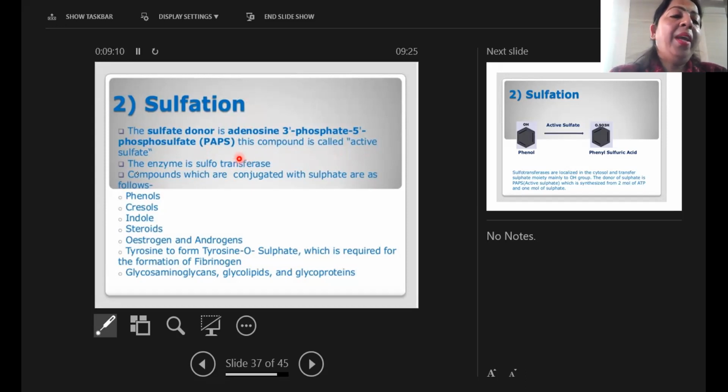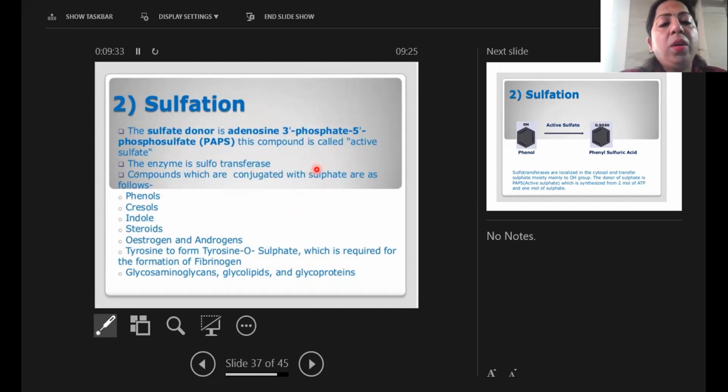In this form, it can donate the sulfate to any molecule in the course of various biochemical reactions. So the enzyme is sulfotransferase, in a similar manner as in the previous reaction, where the enzyme was glucuronyl transferase. Here the enzyme is sulfotransferase.